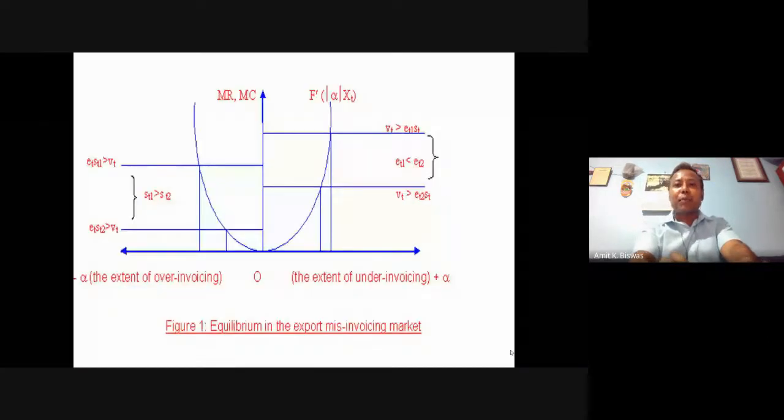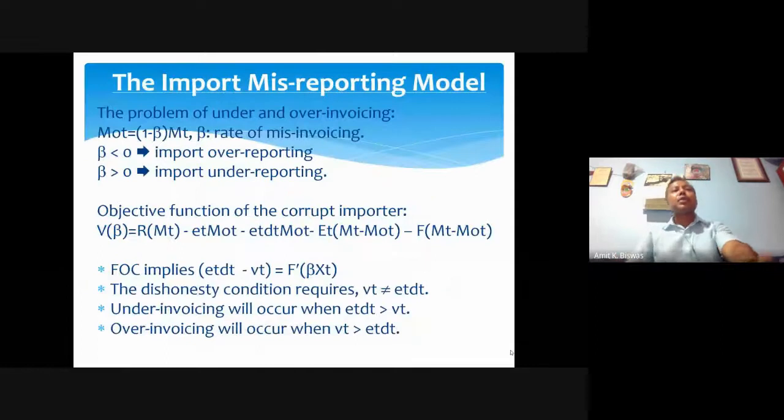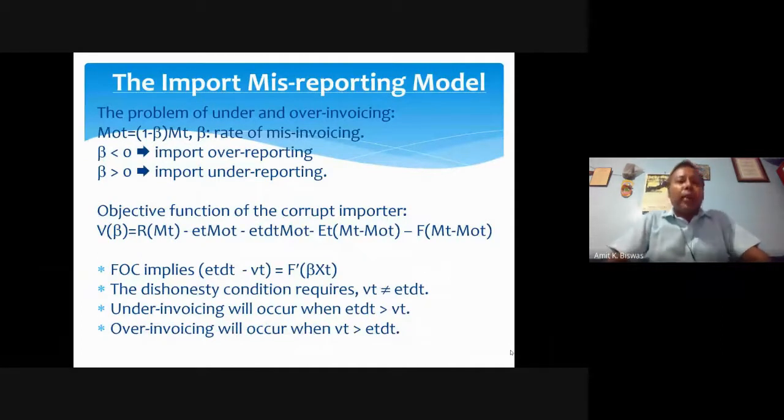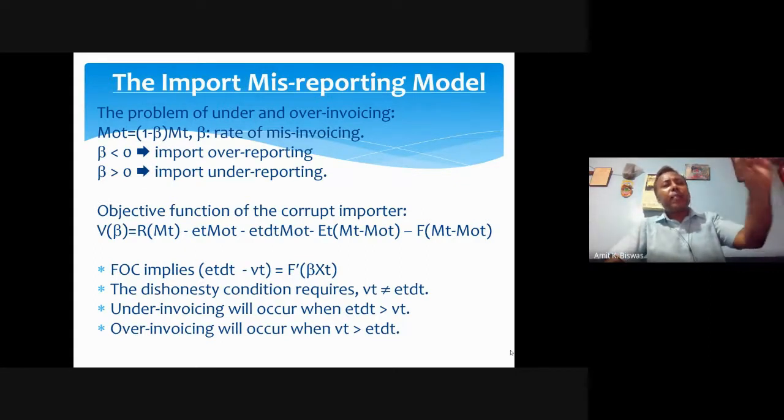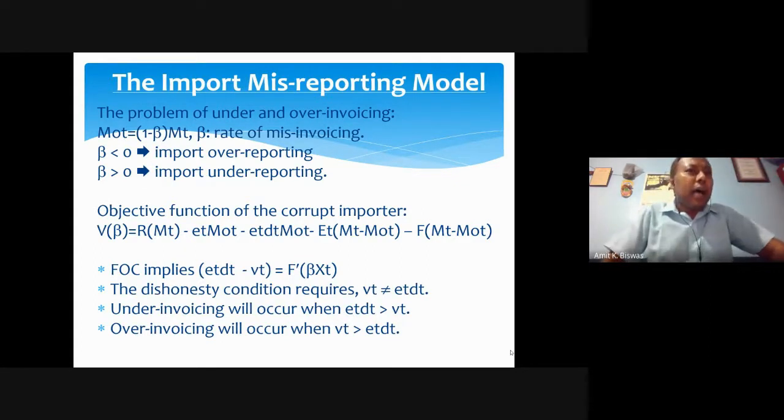Now, how does the story change when we talk about Himadrija's case? We talked about Tanushree's case. We'll be talking about Himadrija's case, who underreports or misreports, to be general. Himadrija was importing a $10,000 import basket.